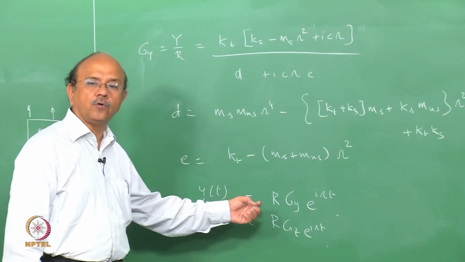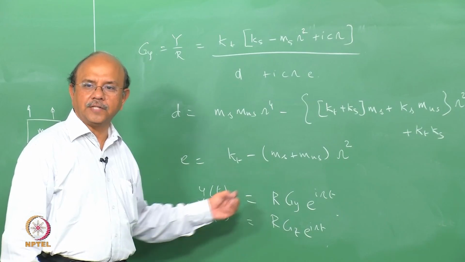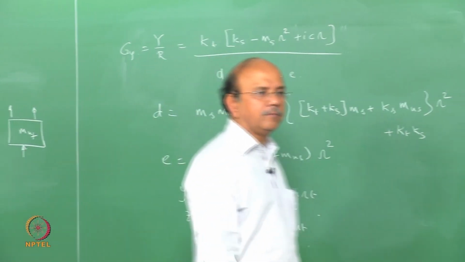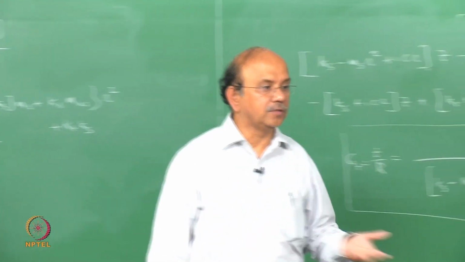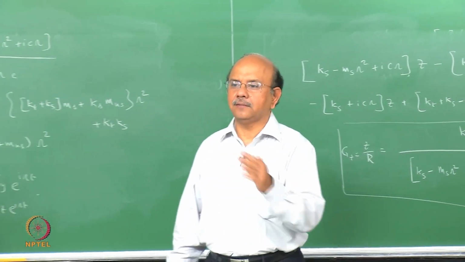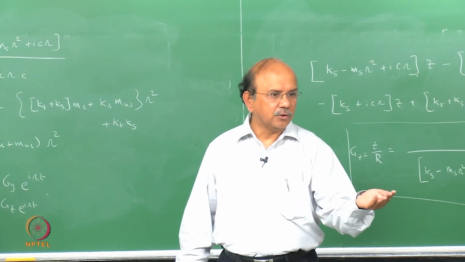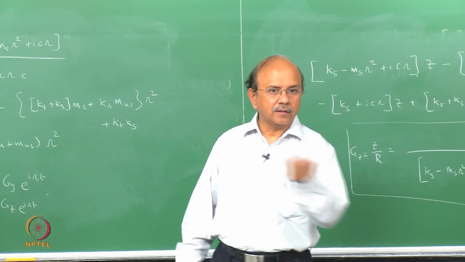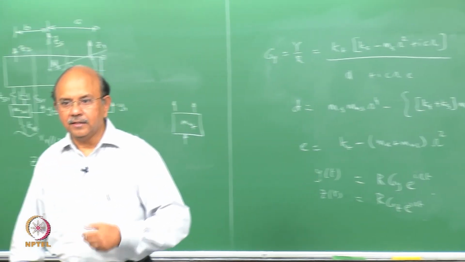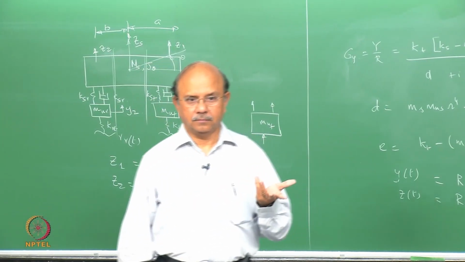So I can easily find out, because I know what I measured and I know the other quantities, what my actual R is. So this is for a particular tire, okay, that is a constant, and so I can use that for any other vehicle. I can use R into e power i omega t as an input for the road, right?